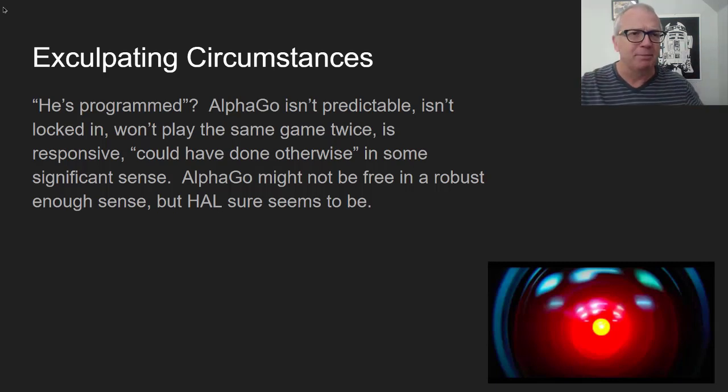it bears on responsibility is obviously a question here about whether or not a machine system would be responsible for its actions in a moral sense, in a sort of guilty mind sense.